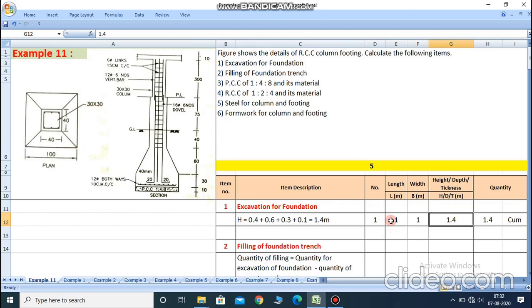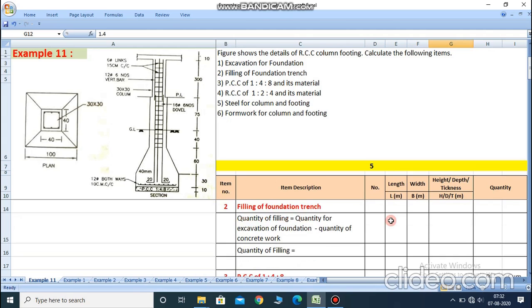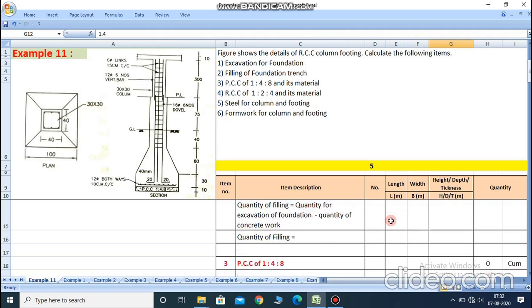Now for filling of the foundation trenches, the quantity of the filling is equal to the quantity of excavation for foundation, which we already calculated as 1.4 meter cube, minus the quantity of the concrete work. So after calculating the concrete work, we calculate the filling of the foundation trenches. We will discuss the quantity of the filling at the last.